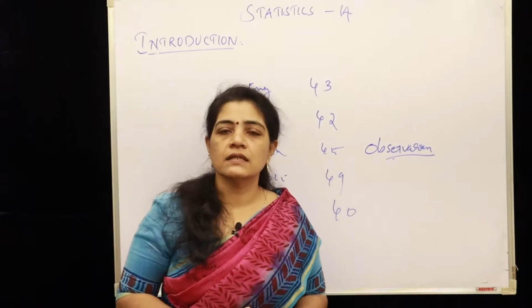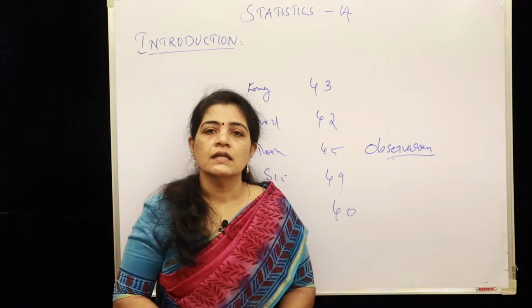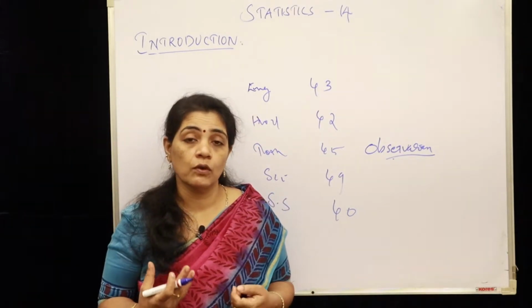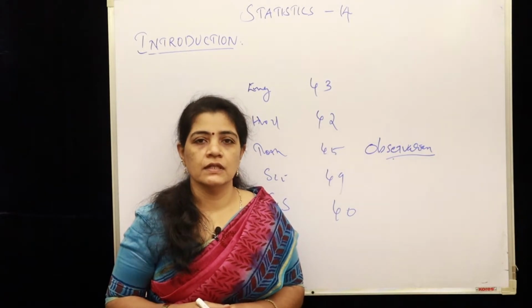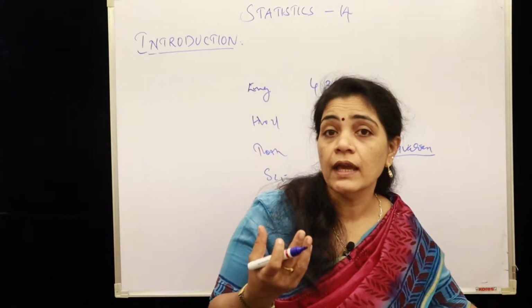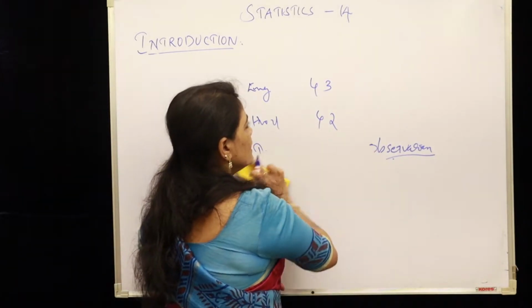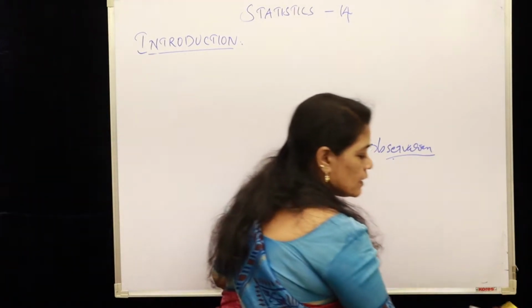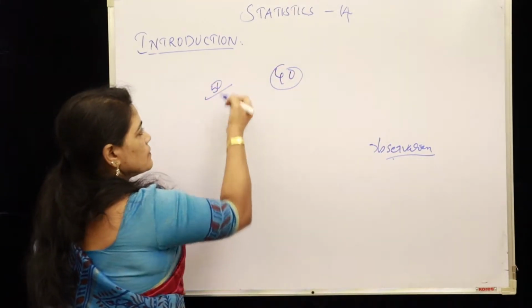What is the second way? Suppose I am collecting marks scored by a whole class in a particular subject. We can take the marks scored by 10A in mathematics. Suppose in that class there are 40 students, out of 50 marks.